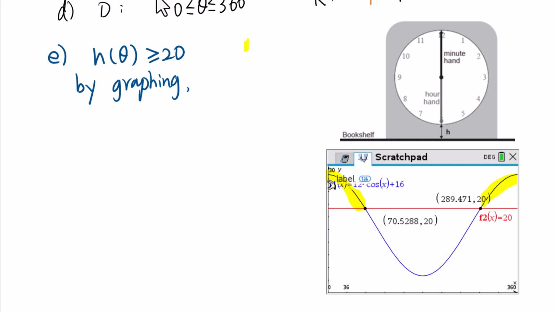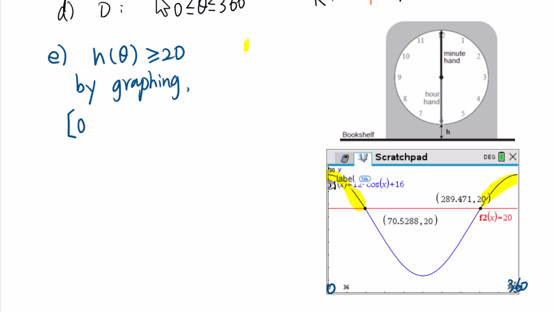Let's check the domain, from 0 to this 70.5288, or from 289.471 to 360.